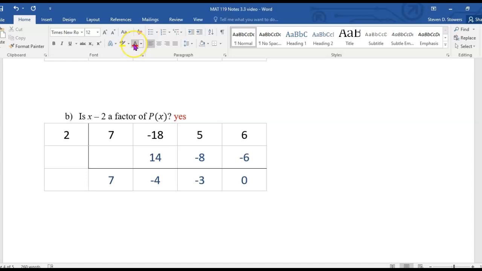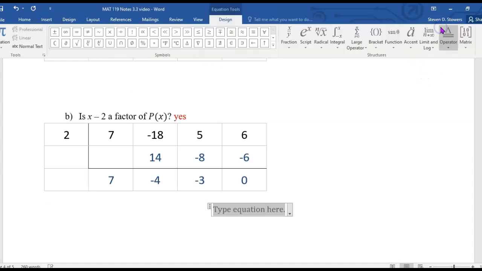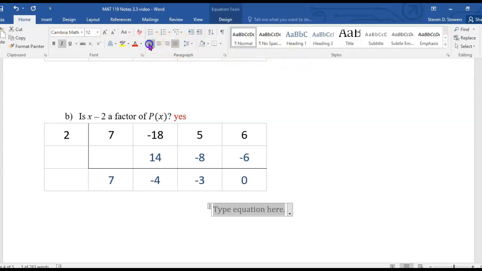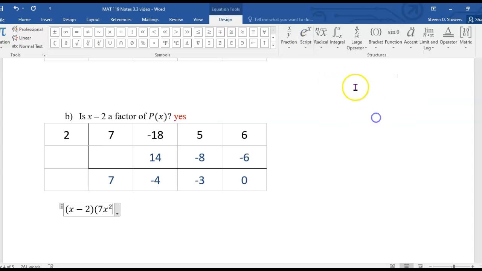And that means that we can factor our polynomial into, well, remember we said one of the factors was what we were dividing by, x minus 2. And then the quotient we got was 7x squared minus 4x minus 3.